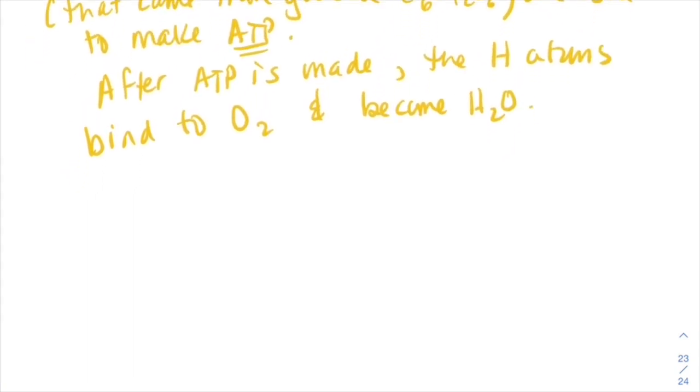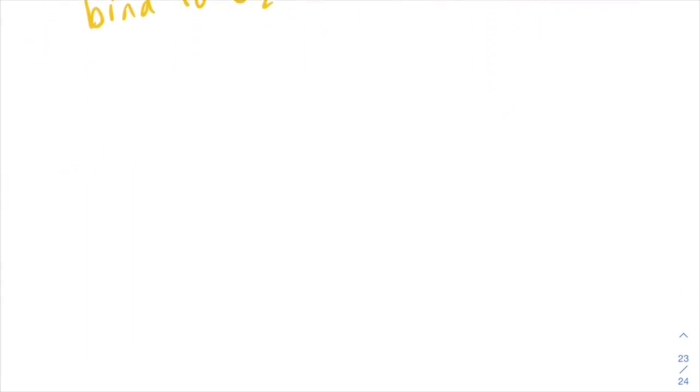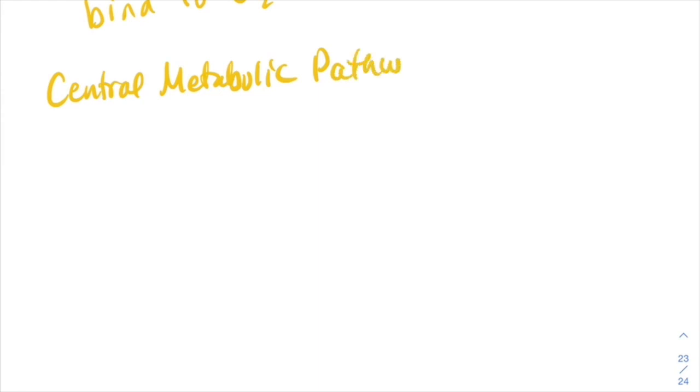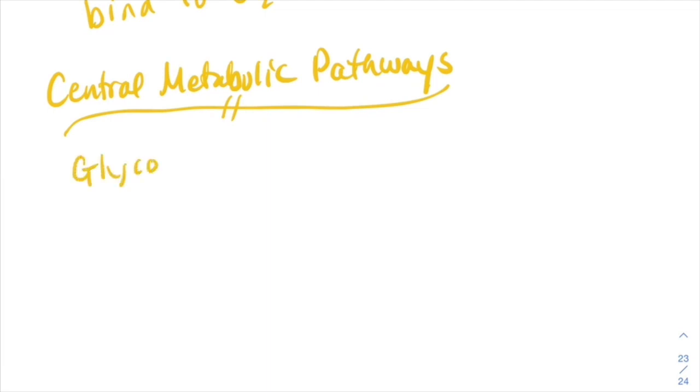Now, these processes are called the central metabolic pathways. It happens through several processes, and the first step is called glycolysis. Lysis means to break something up, and glyco means carbs. So we're breaking up carbs in glycolysis.